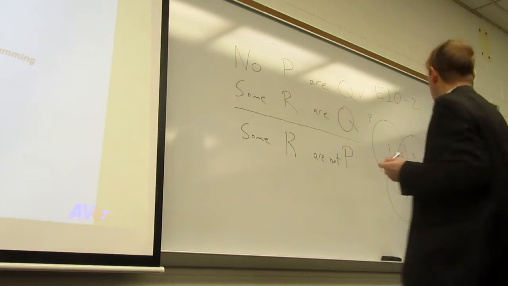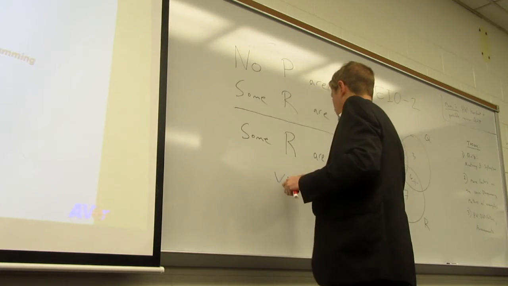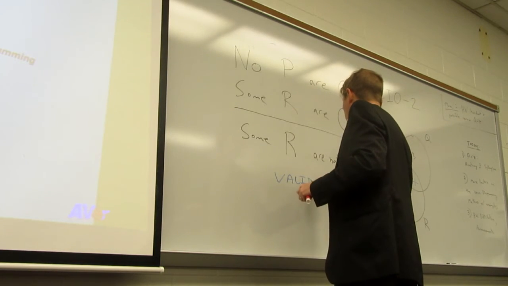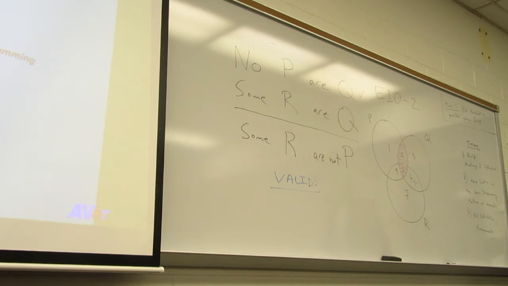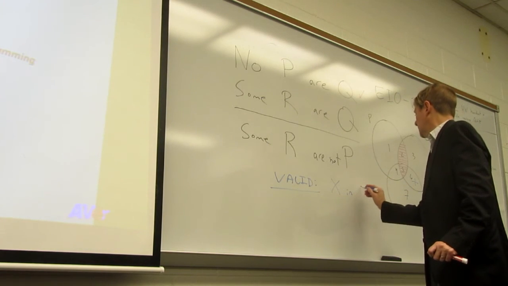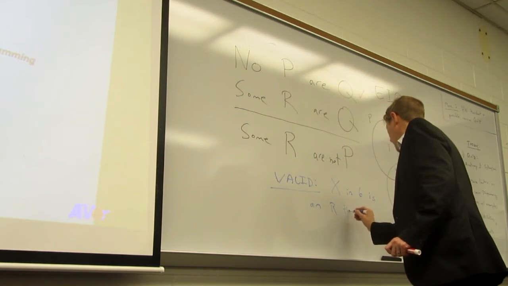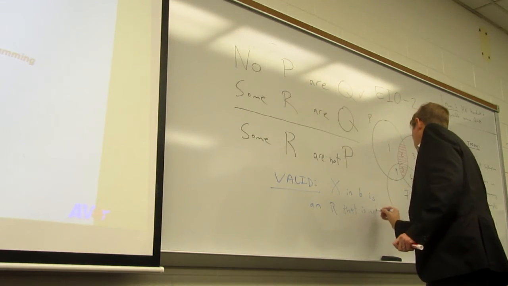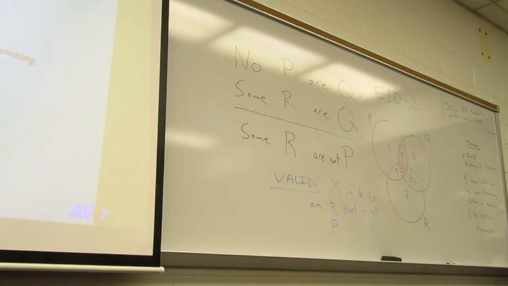Now, is this syllogism valid or invalid? Valid. This one is valid. Some R are not P has been diagrammed because the X in 6 is an R that is not P. Some R are not P has been diagrammed.